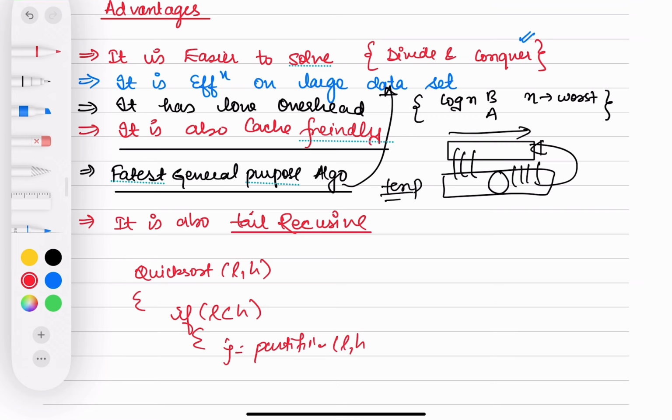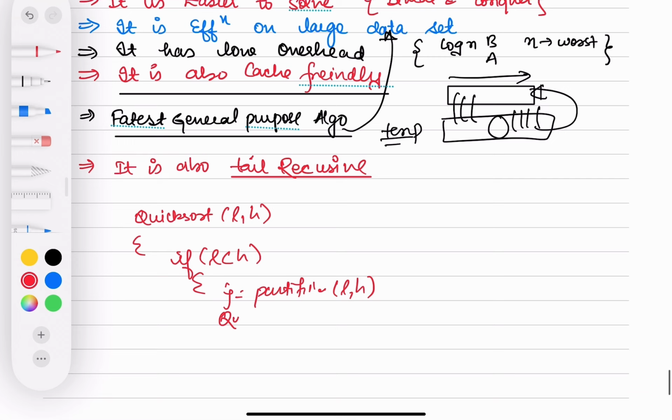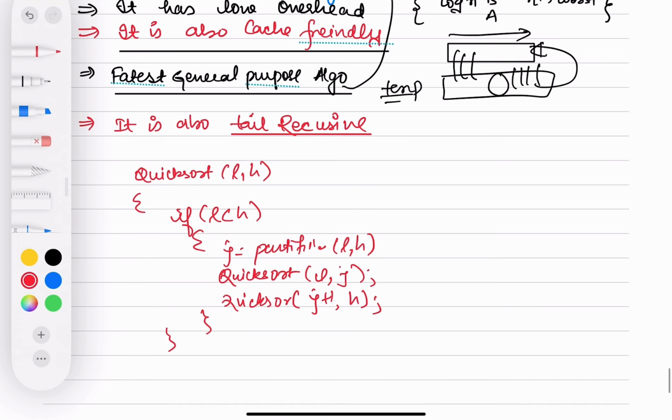Then you apply a recursive call from low to j, and then you apply quick sort from j plus 1 to high, right? This is how we used to write quick sort.